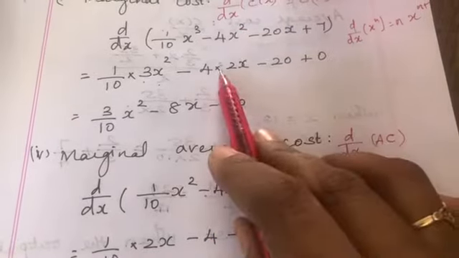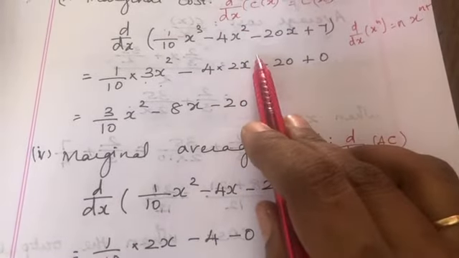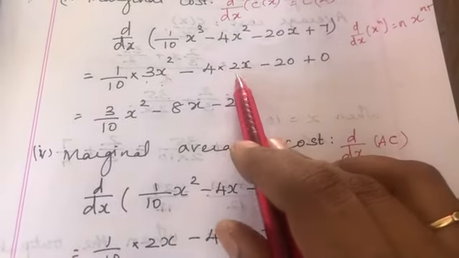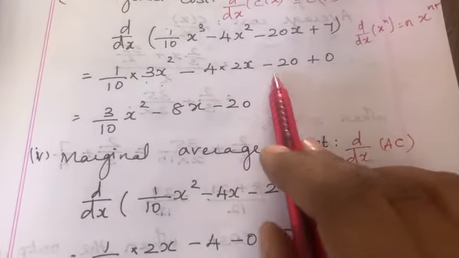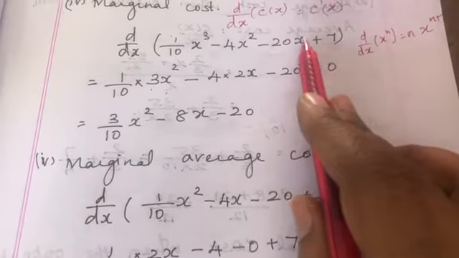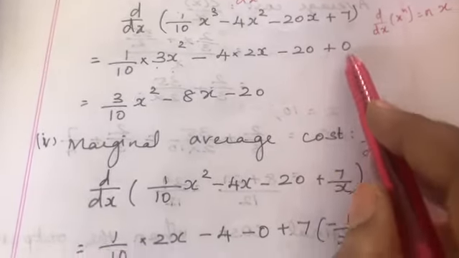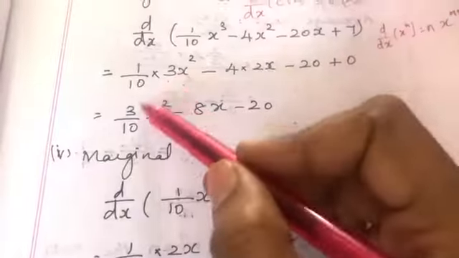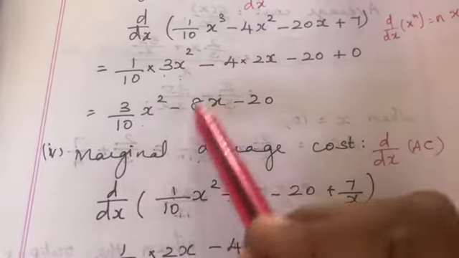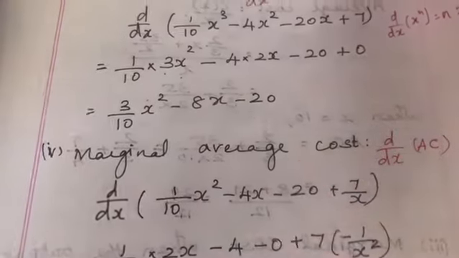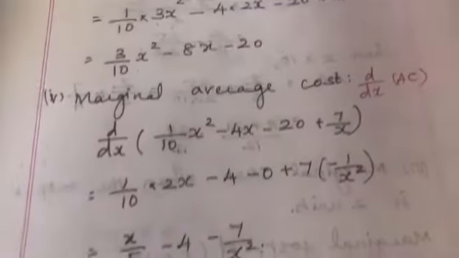So, 2 into x power 2 minus 1 is 1. So, we are ignoring the power. So, x square or differentiation 2x minus 20. Differentiation of x is 1. So, differentiation of a constant is 0. 3 by 10 x square minus 4 2s are 8, 8x minus 20, that is the marginal cost.